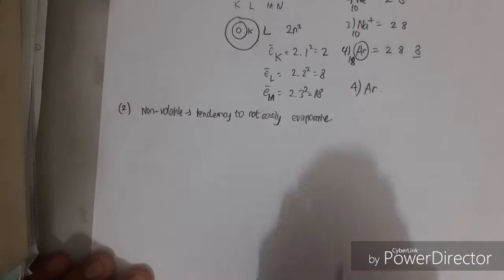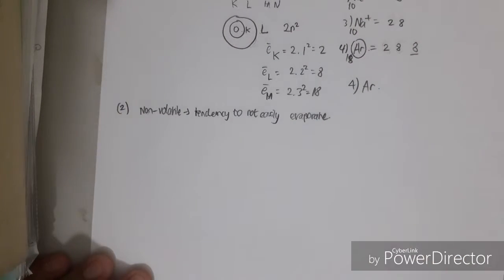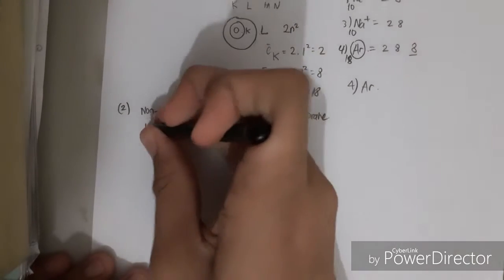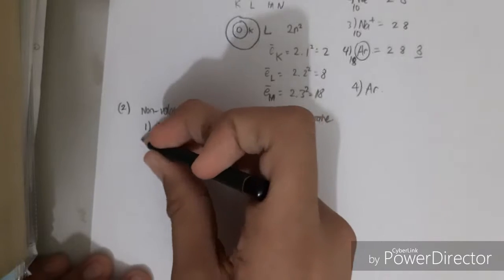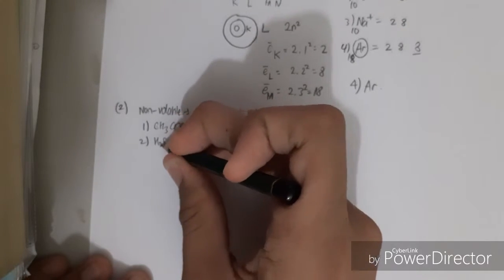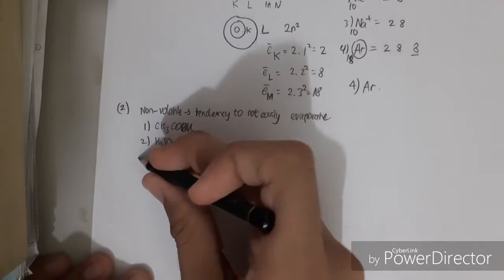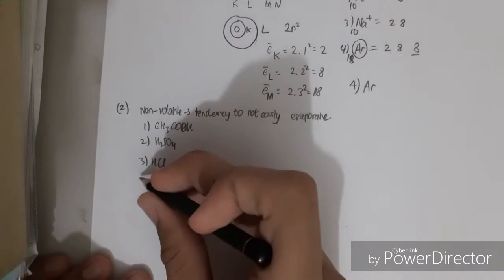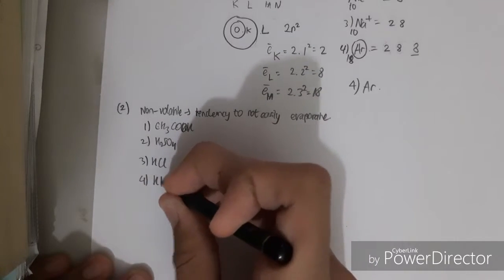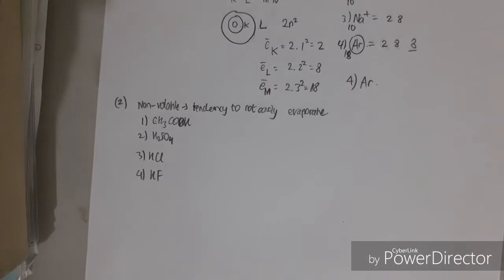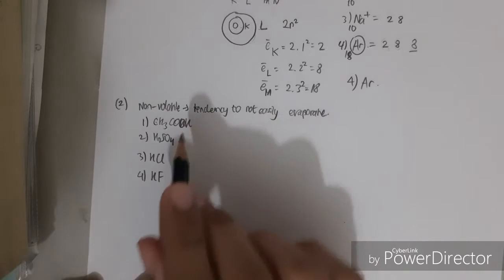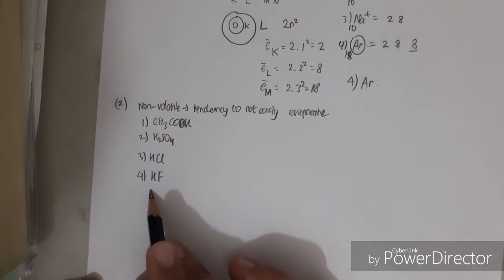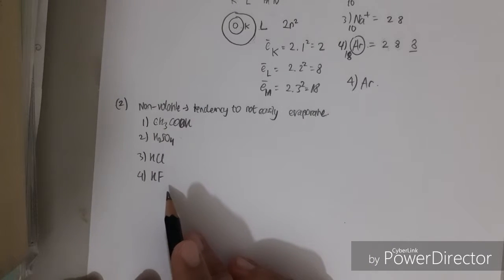From the compounds present, first is acetic acid, then hydrogen sulfate, then hydrochloric acid, and hydrogen fluoride. The ones that do not easily evaporate are the strong acids, and acetic acid and hydrogen fluoride are weak acids.